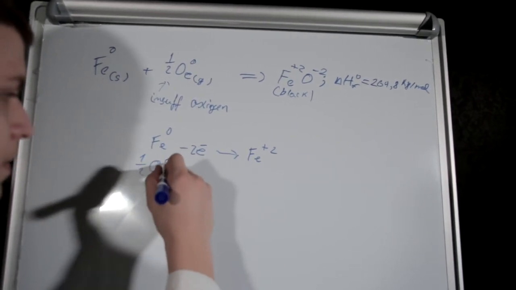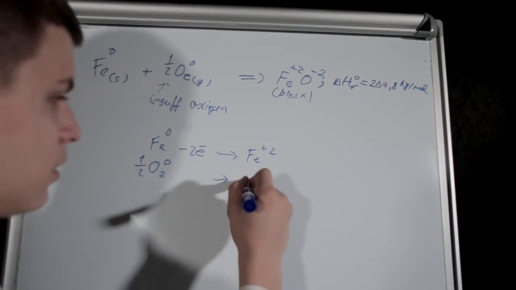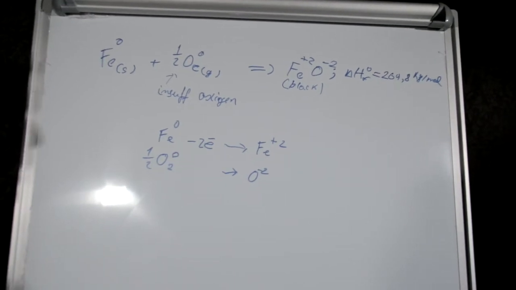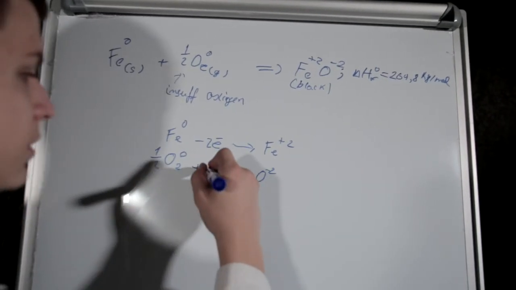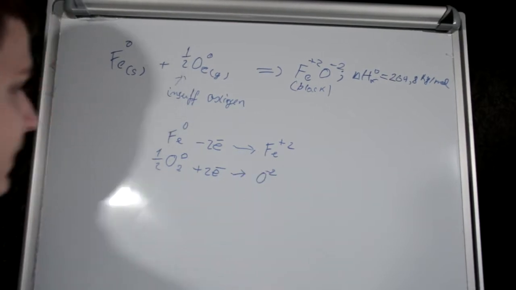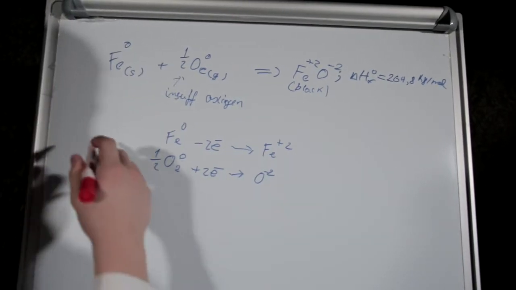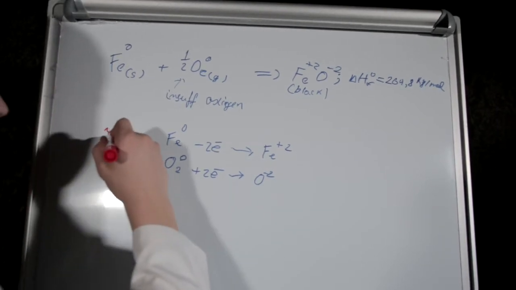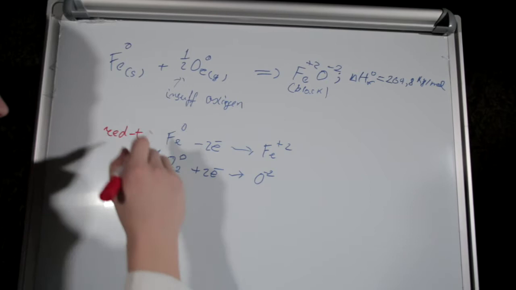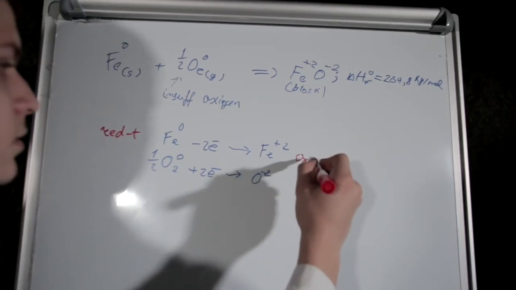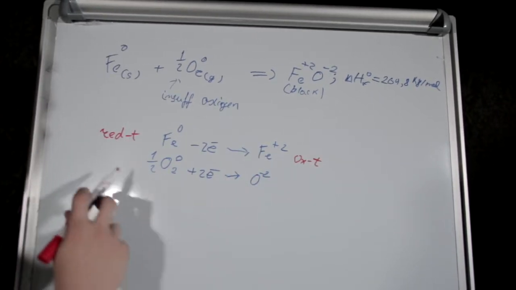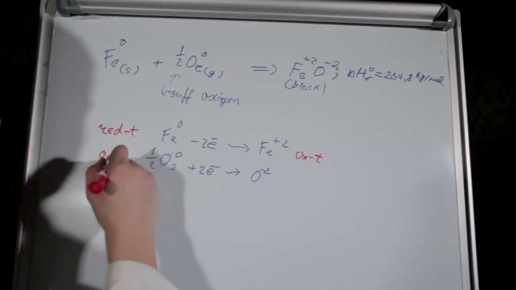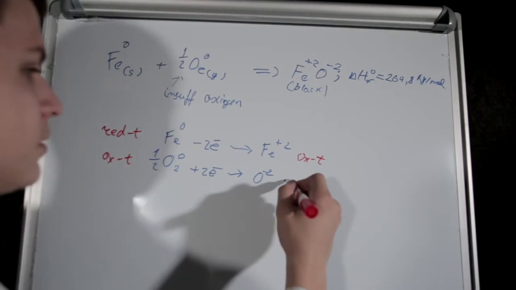Oxygen 0 changes to oxygen minus 2. So in order for that to happen, we need to add 2 electrons. The iron initially was a reductant and became an oxidant. And in the initial form, the oxygen was an oxidant and became a reductant.